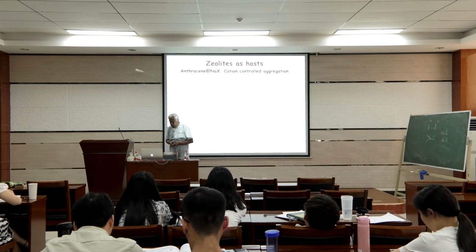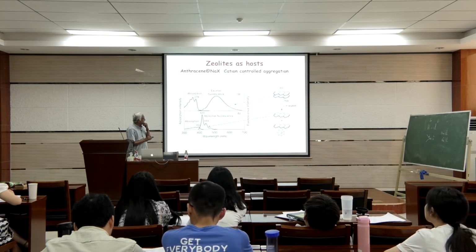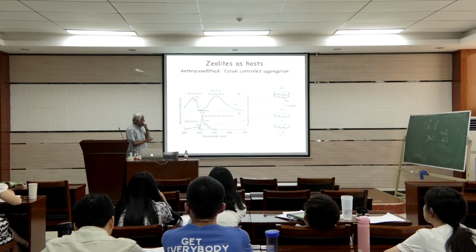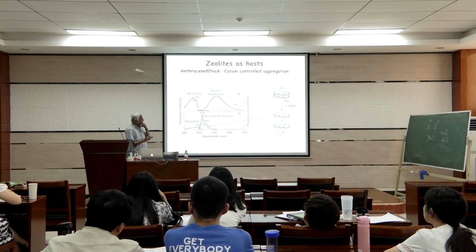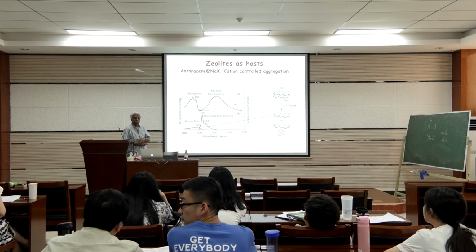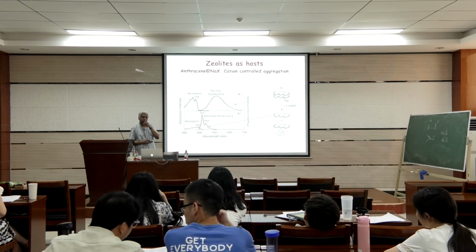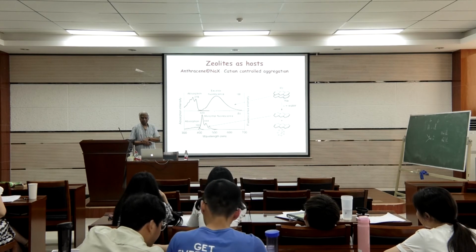Okay. So you can do the same thing. For example, this is the anthracene monomer, and then this is the anthracene in zeolites. You can see excimer. Here the zeolites are known, as I mentioned at the very beginning, to absorb water, a lot of water.